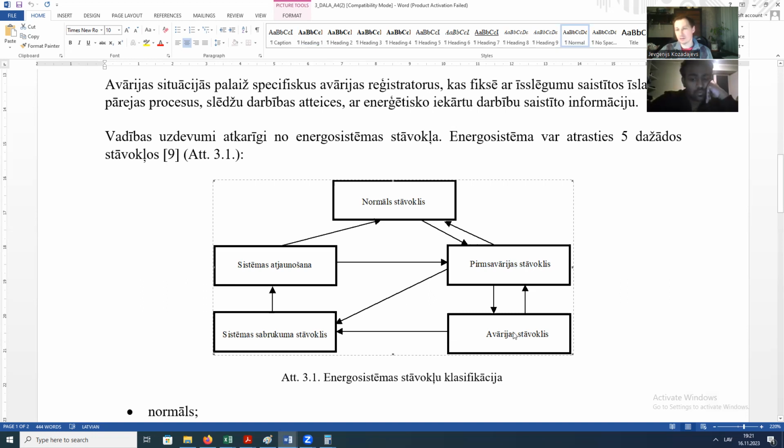And when we are in a fault regime, we could come back, or we could go to the blackout. What is a blackout? It means that we lost everything, yes? Our power system is not existing. Maybe we could have some islands, yes, with generators. The power system is divided into several islands.